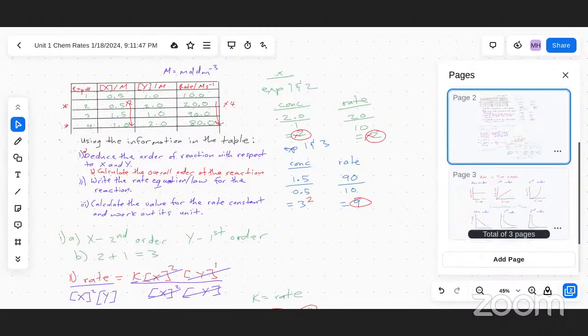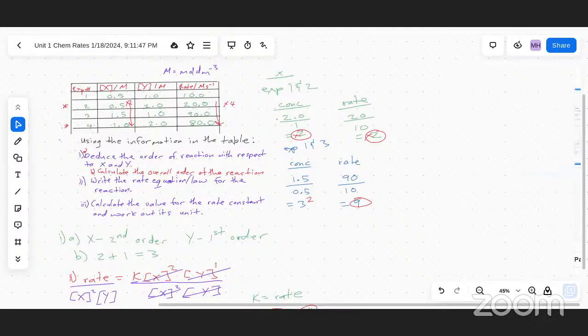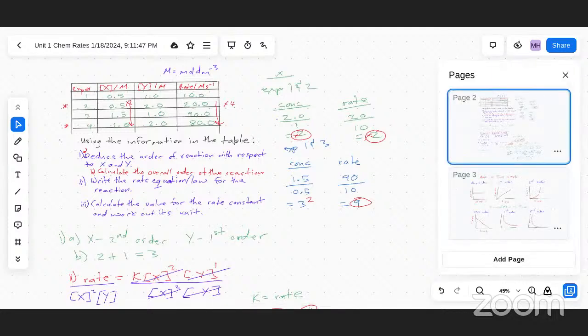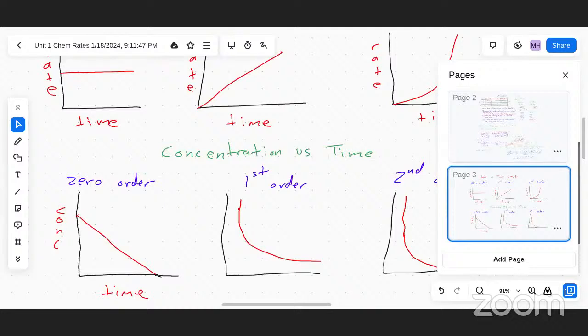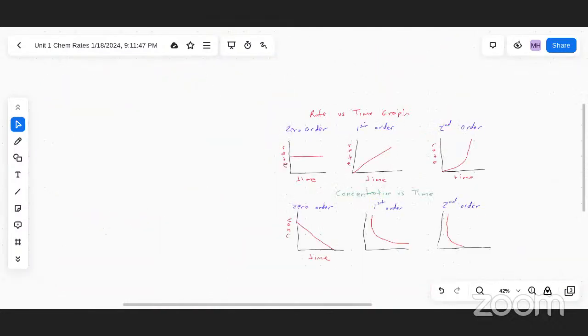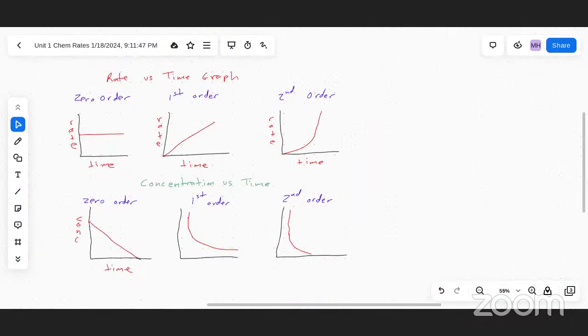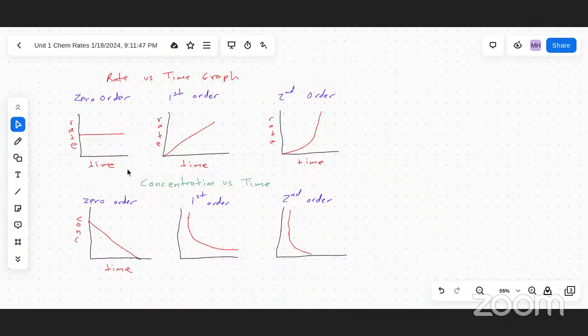All right. So, and then finally, this here. All right. So on Saturday, we're going to look at graphs as well. But just to do the multiple choice now, if you get a graph for rate versus time, this is how the zero order graph will look. Remember, with the zero order, rate will not be affected.